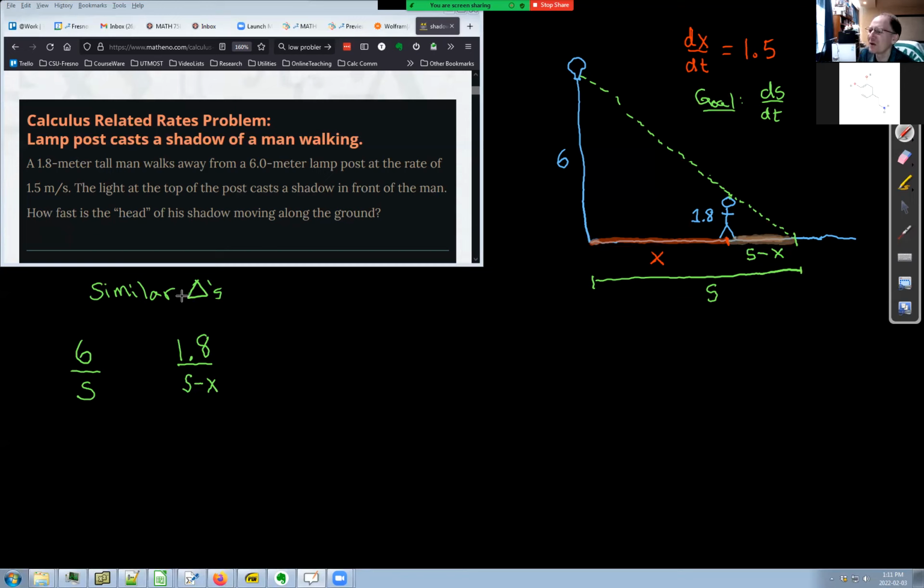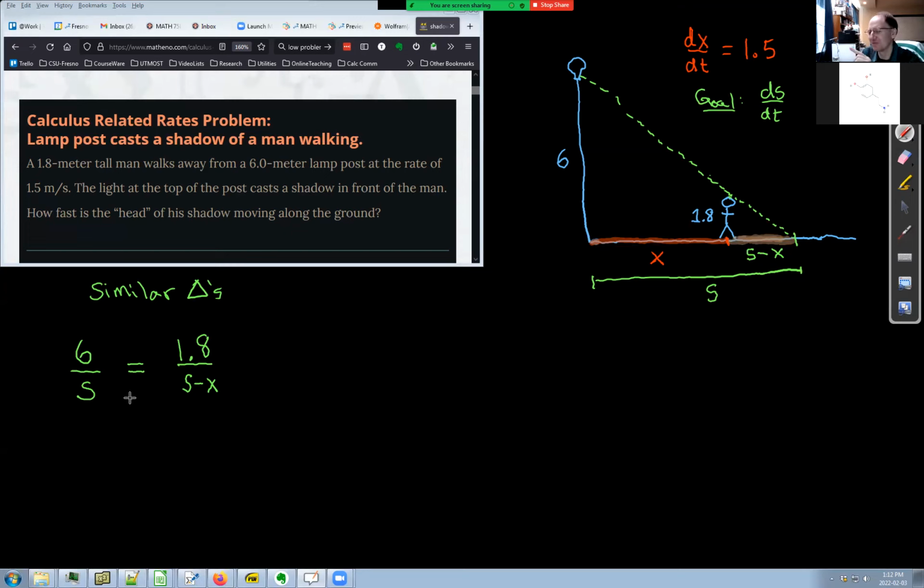All right, now the fact that these are similar triangles means that these two fractions are equal. So now I'm happy, because we wanted an equation that involved s's and x's, and we've got it. Normally we would find derivatives of both sides.